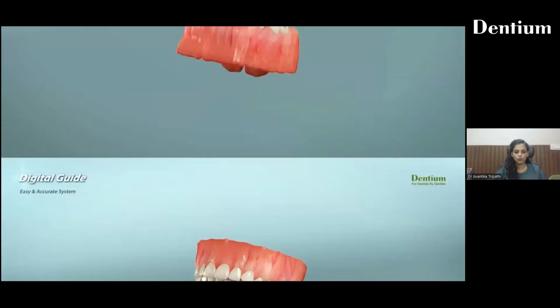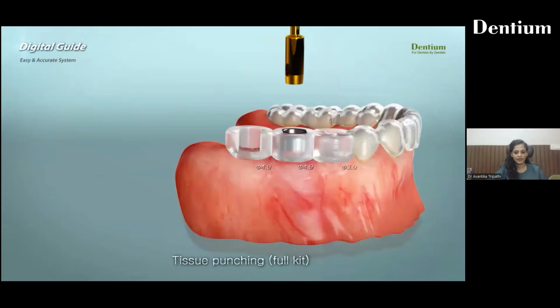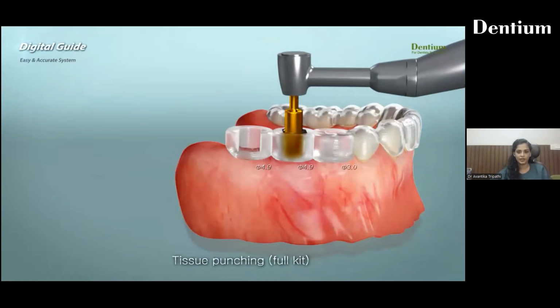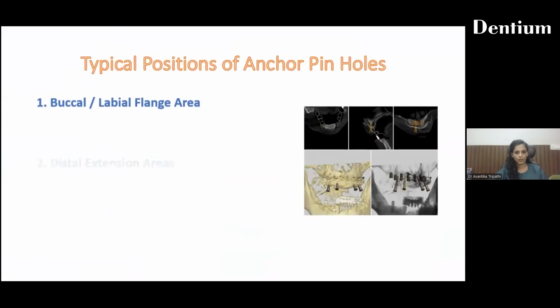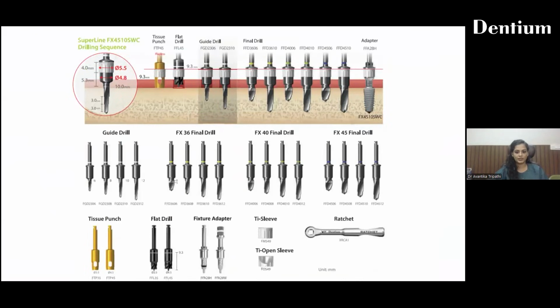The codes are FMS 49 and FOS 49. I'll show you the image of that. Yes, so these are the two sleeves, this one and this one. So, what is the advantage of using an open sleeve?